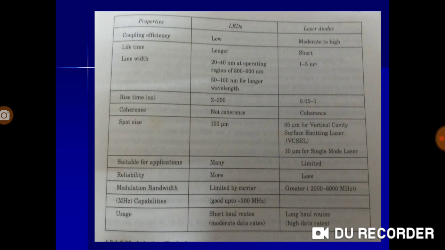And usage: LEDs are suitable for short haul or short distance routes where moderate data rates are required, and laser diodes are preferable for long haul or long distance routes where high data rates are required.